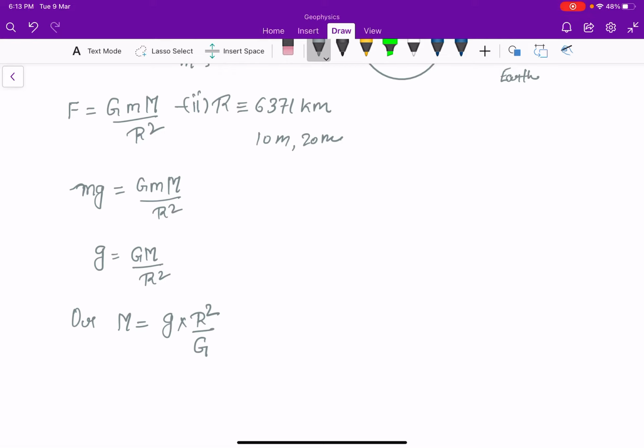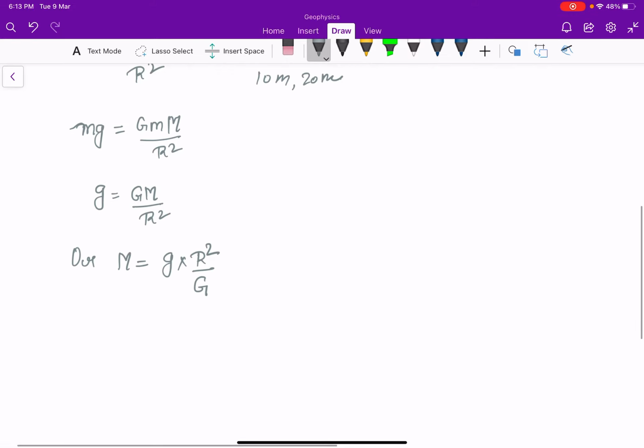As we know, acceleration due to gravity g is equal to 9.8 meter per second square. We can get this value from a simple pendulum experiment. We already did this kind of experiment in our class 11th and 12th physics.